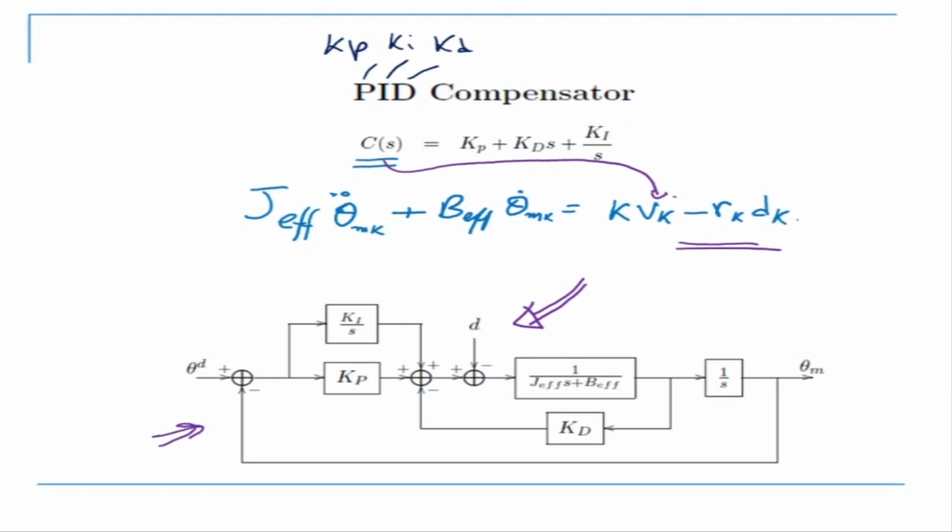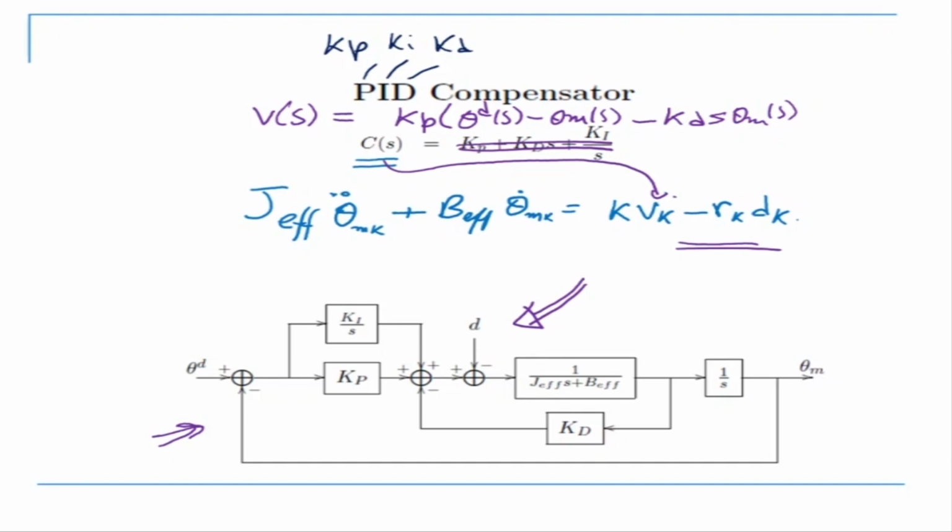Now, how do we input this? Let me follow the same. The way we have to write it is Vs is equal to the PD controller Vs, following exactly the same notations: Kp into (theta ds minus theta ms) minus Kd into s into theta ms. This was there for the PD controller. So let's have a look at the PD controller.